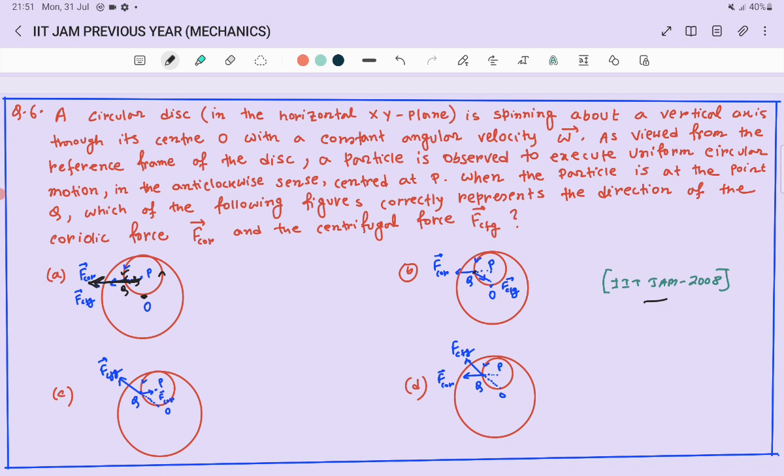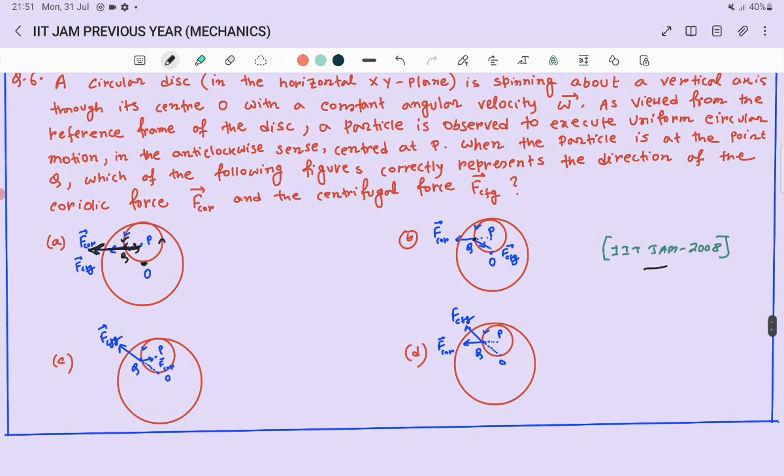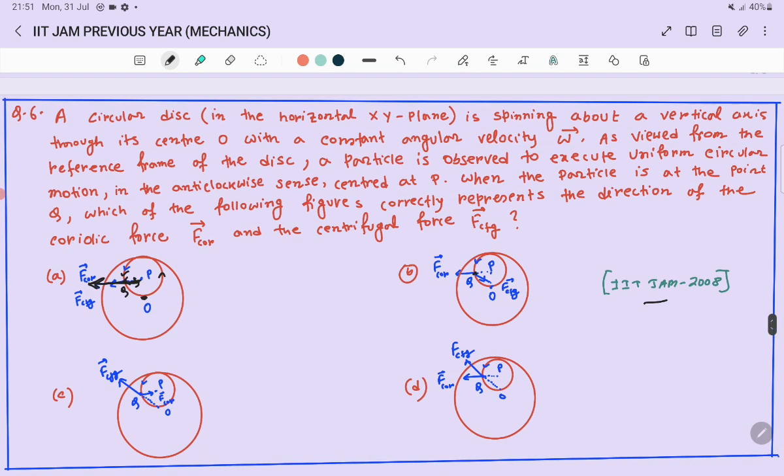Okay. So let us choose a coordinate system first. Suppose at this point Q, and here this disc is rotating in the horizontal xy plane and is spinning about a vertical axis through its center O with a constant angular velocity omega. That means it is spinning along this direction.